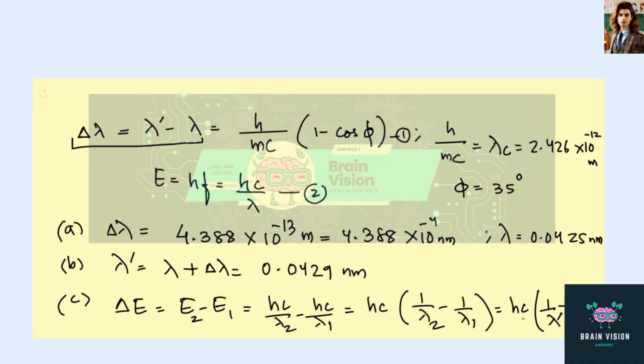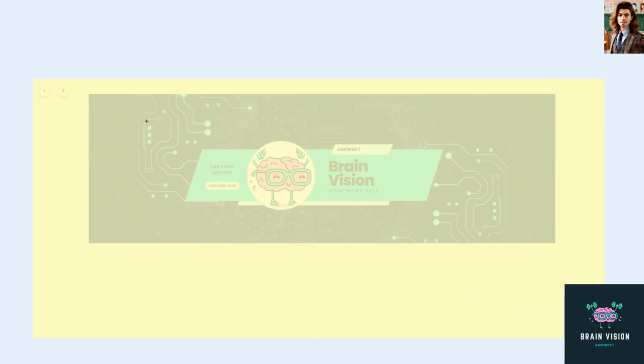So now again we can substitute the value, solve for delta E, and that way we get this delta E to be negative 4.358 times 10 to the power minus 17 joules.